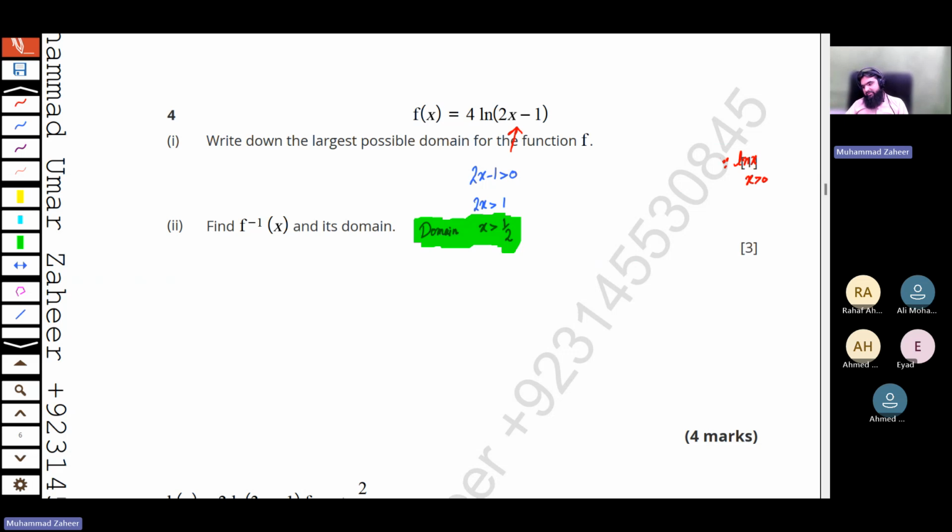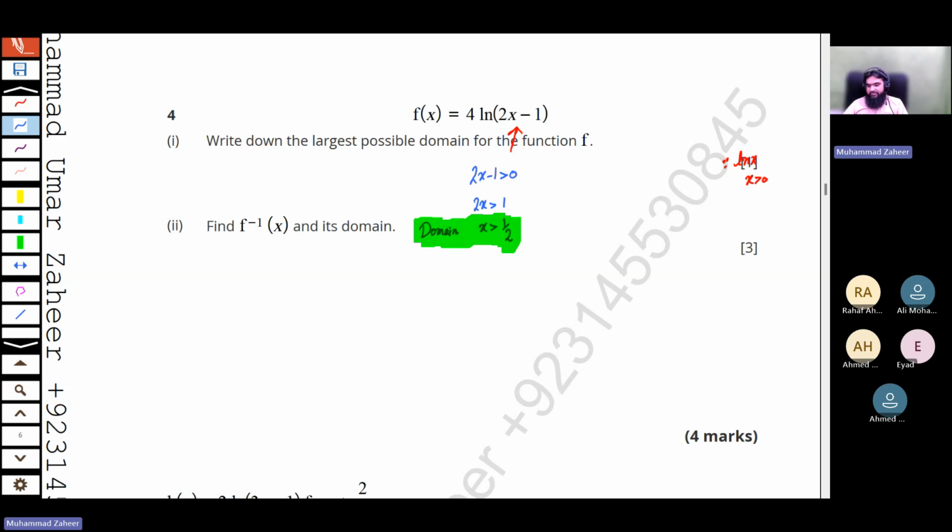That's why we just have to write the largest possible domain for the function, and we write that answer in the form of an inequality. So what will we write in the answer? The answer is x is greater than 1 by 2.